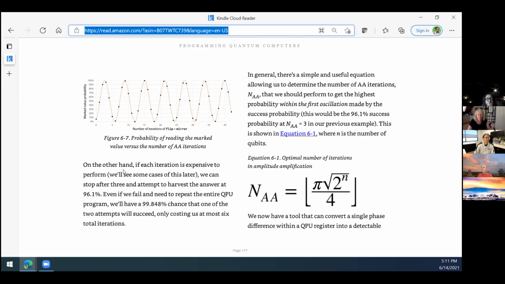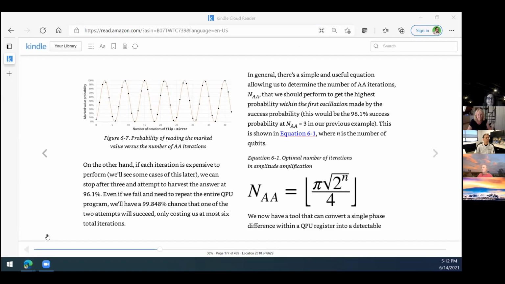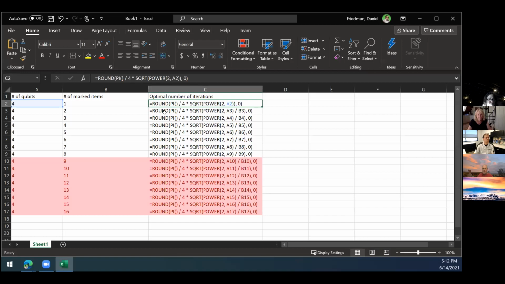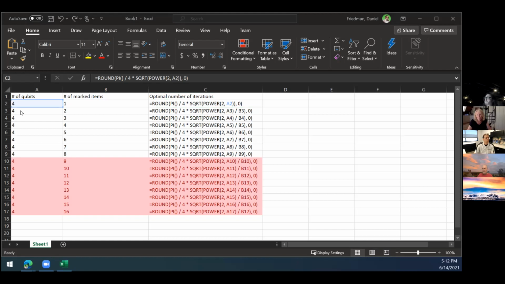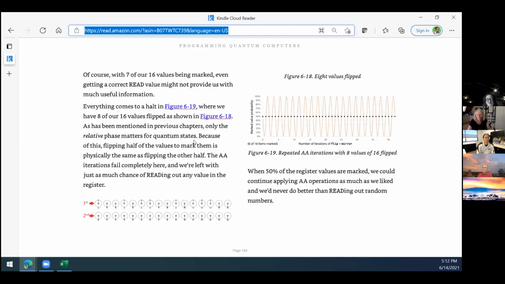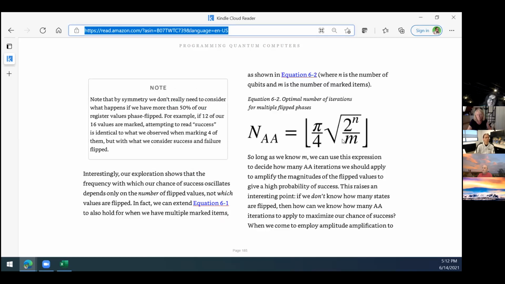So as you go, when you get to multiple bits, the equation changes. Well, in actuality, it's the same equation. We just weren't showing this m before. So the m is the number of marked items.